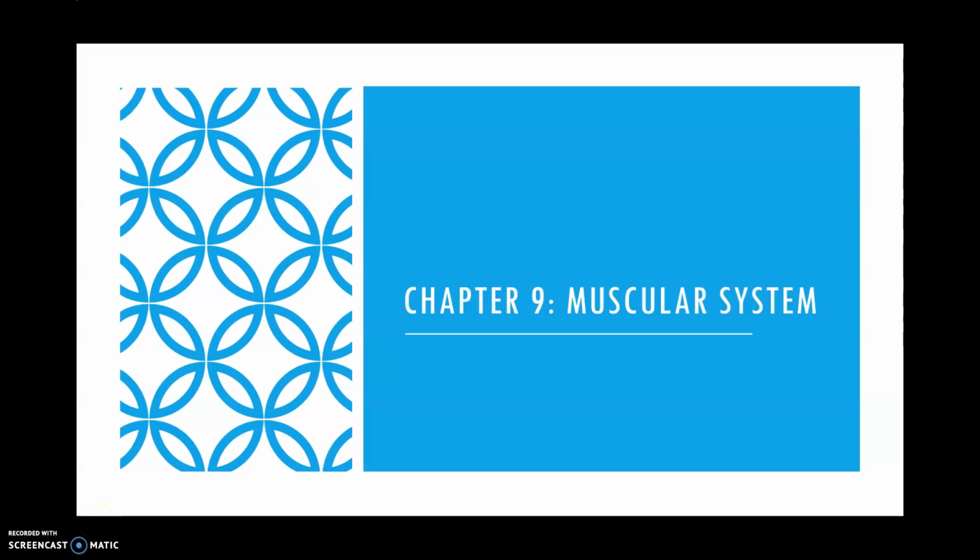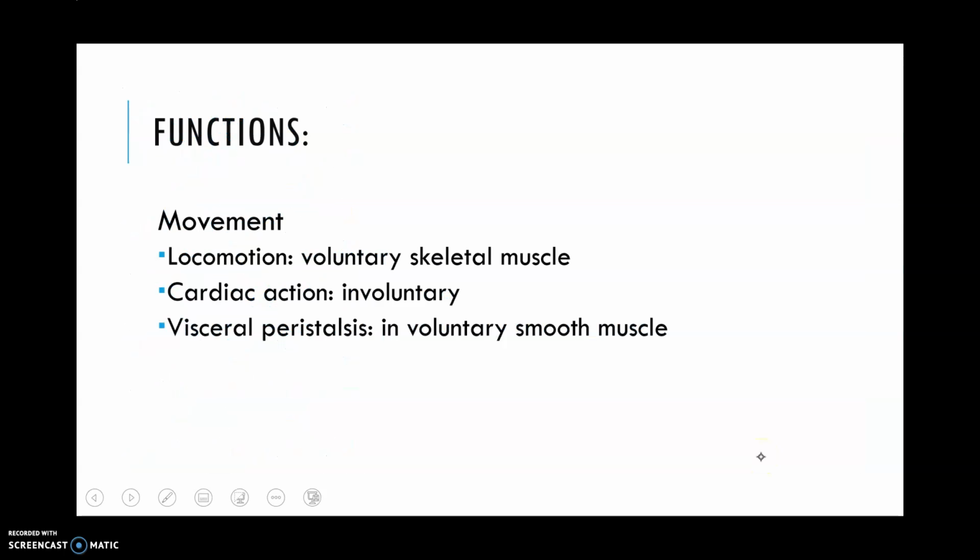Hi everyone, so we're going to move on to our next system here, our muscular system. As we always start with, we're going to talk about some different functions that we can see with our systems here. So first function here is going to be movement. So that's number one. So movement can be locomotion, so that's going to be with our voluntary skeletal muscle, cardiac action, so our heart constantly pumping our blood through our body.